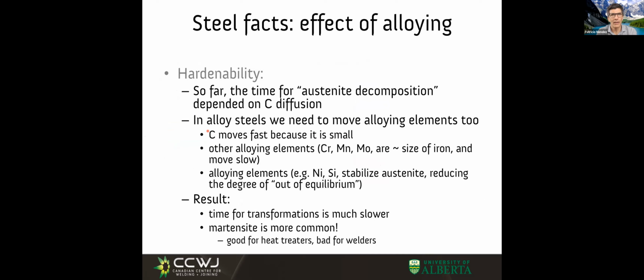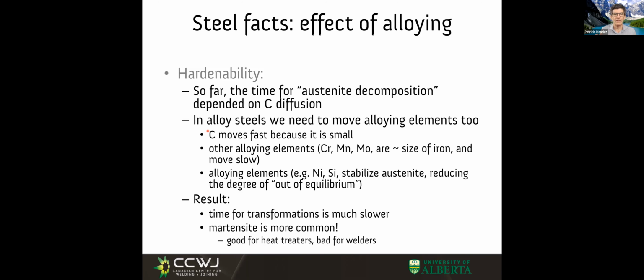But if I put in alloying elements, two things happen. Number one, some alloying elements might need to diffuse too. And if the alloying elements need to diffuse, they might diffuse much slower than carbon. Carbon is a very small atom that lives somewhere inside the iron lattice, and the iron lattice is full of holes, so it can go anywhere it wants.